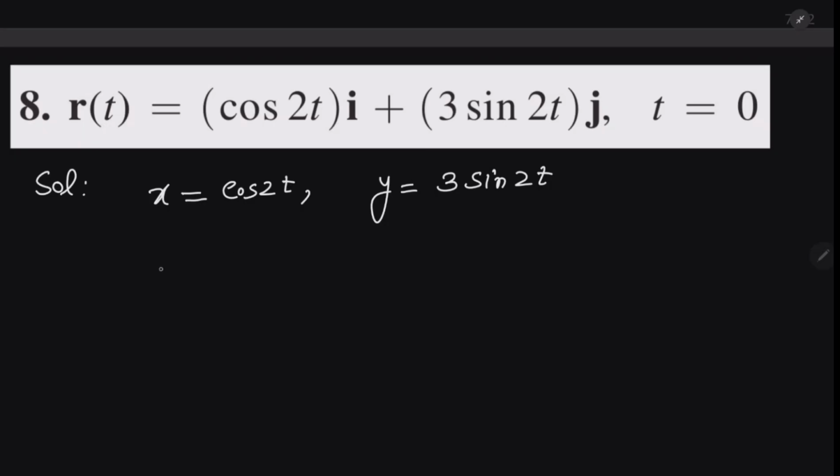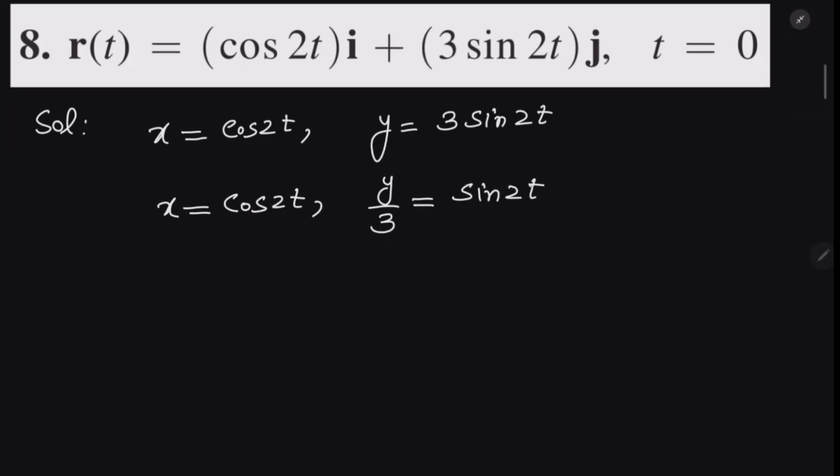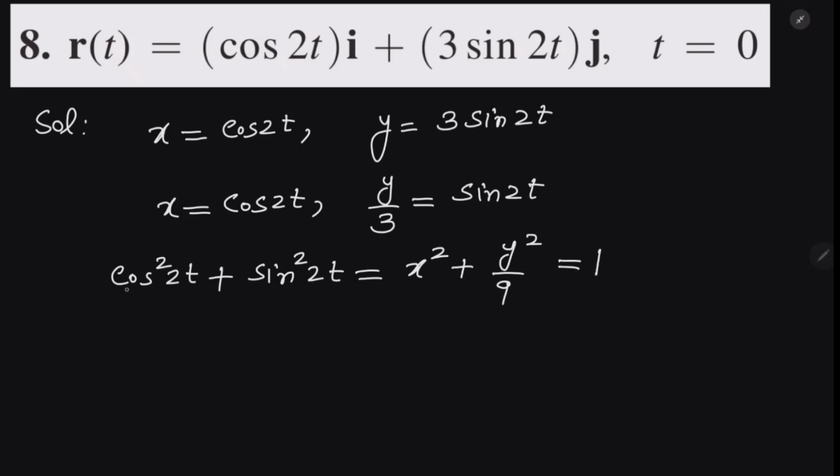The only thing that I guess we can do is we write this as y over 3 equals sine 2t, then squaring both sides, we get x square plus y square over 9, cos square 2t plus sine square 2t, that will be equal to 1.